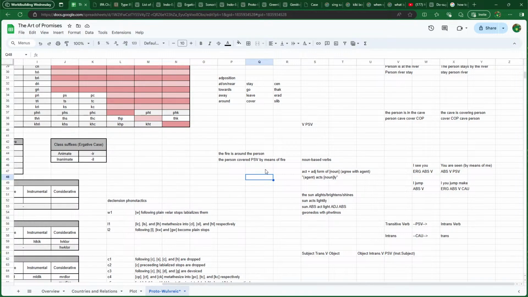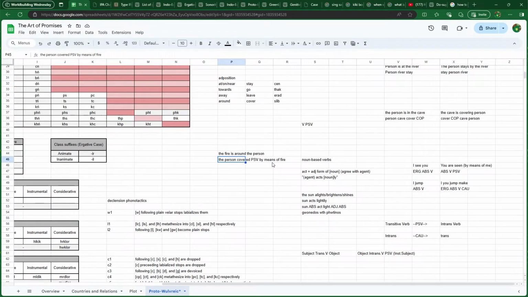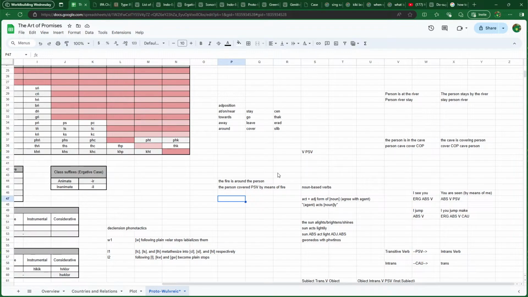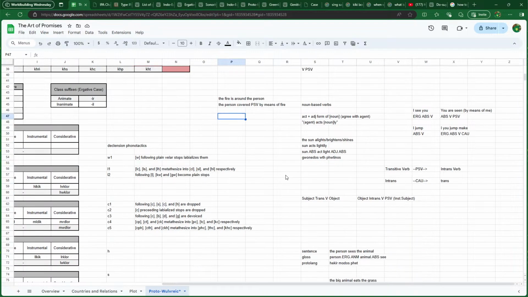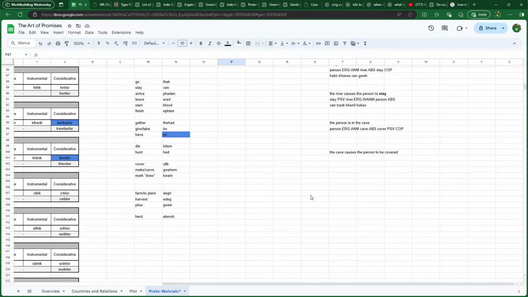Right? So fire is still like the head honcho here. And the person, this would still be considered absolutive. Right? Wouldn't it? Yeah. Yeah. So we've got a couple sentences.